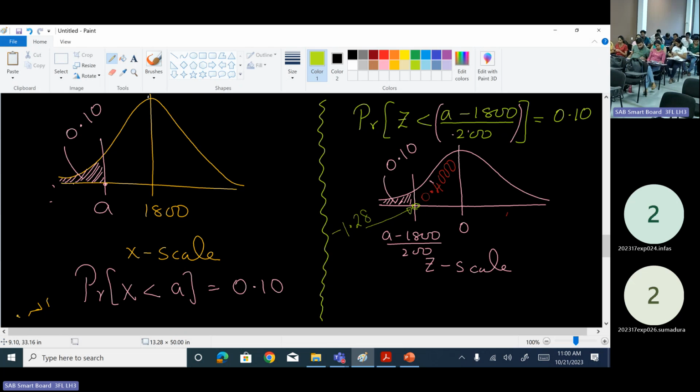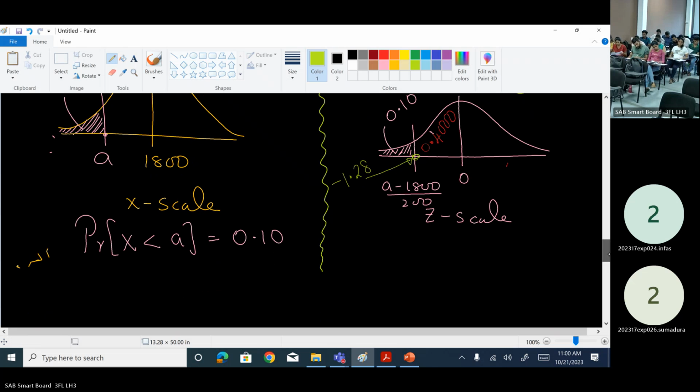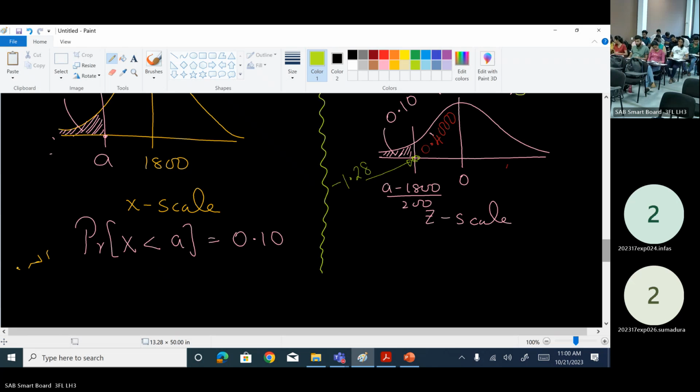These should be equivalent, so we equate them. So A minus 1800 over 200 equals minus 1.28.